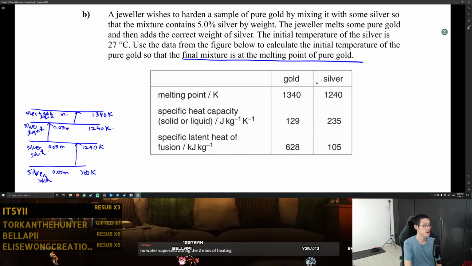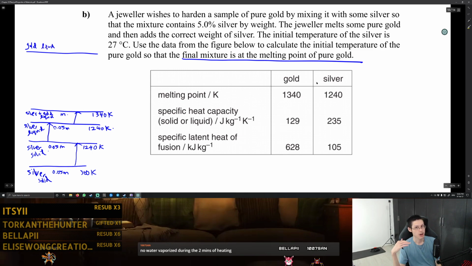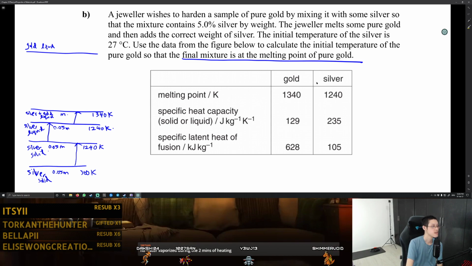So now we have our initial temperature of gold, which we don't know. So gold is going to have to be a liquid gold, because it has to be hotter than silver, so that when you mix them together, gold would decrease and then silver would increase. So the initial temperature of gold, we don't know what that is, so we'll call that T kelvins.